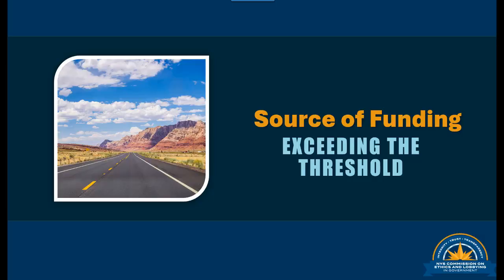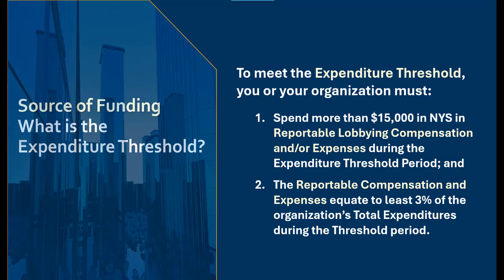To recap where you are on our roadmap, you have determined that you have contributions that may need to be reported. So the next stop is determining if the expenditure threshold has been met, which would require you to report those sources. The next few slides will go into more detail on how you know if the expenditure threshold has been met. What is the expenditure threshold?